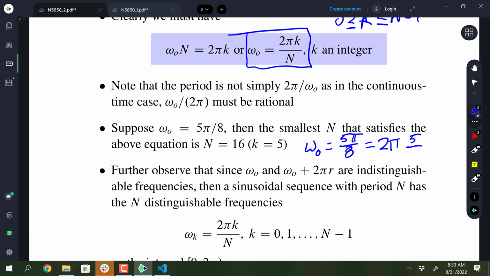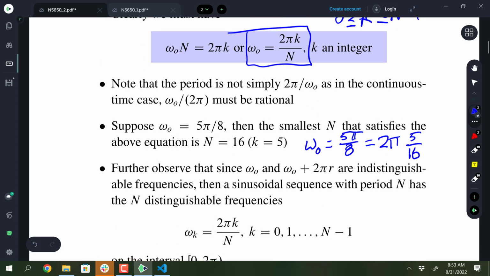What do I have to do? I might have to put 16 in there, right? So it stays balanced. So that says it's going to be 16.